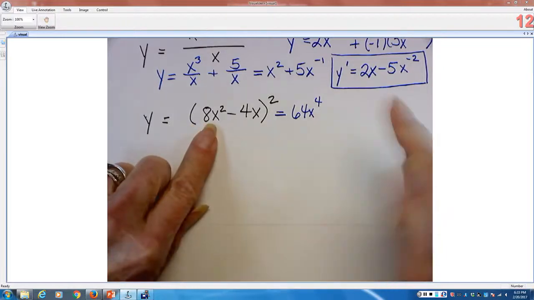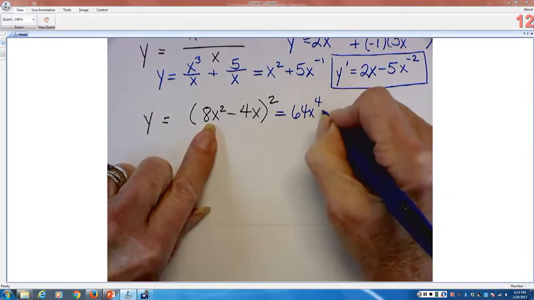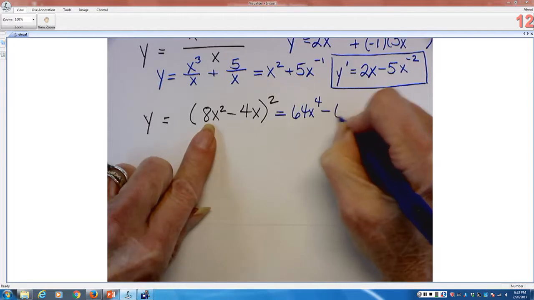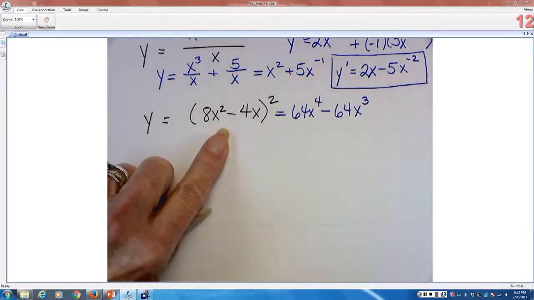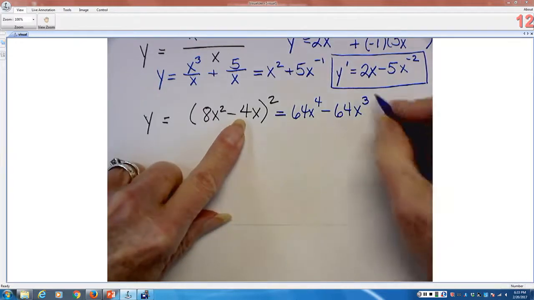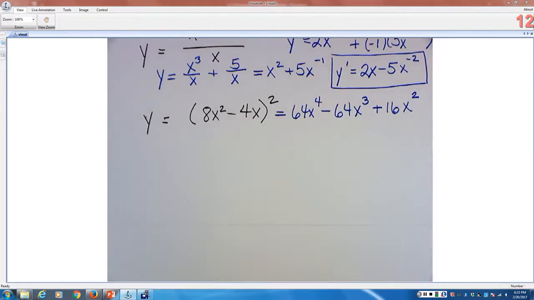And then 8 times negative 4 is negative 32, which we're going to wind up doubling because there's going to be two negative 32 powers. So that's going to be negative 64x to the third. And then negative 4x times negative 4x is going to be plus 16x squared. So just multiply it out. And then just use your power rule.